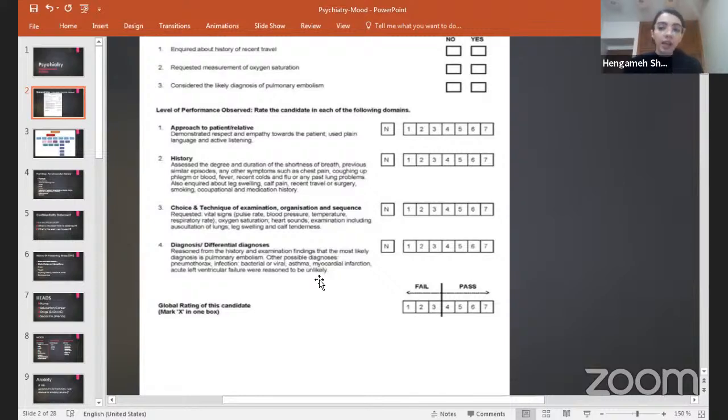And then if your task asks you to justify and list differentials with reasons, it's really important that you mention why you think it's pulmonary embolism and why you think it's not myocardial infarction. Just briefly, in 1 or 2 sentences.